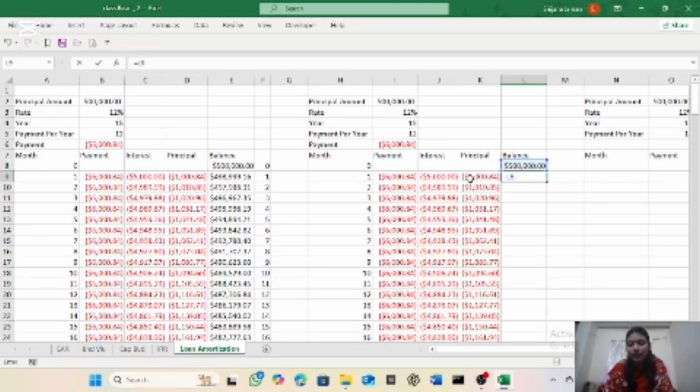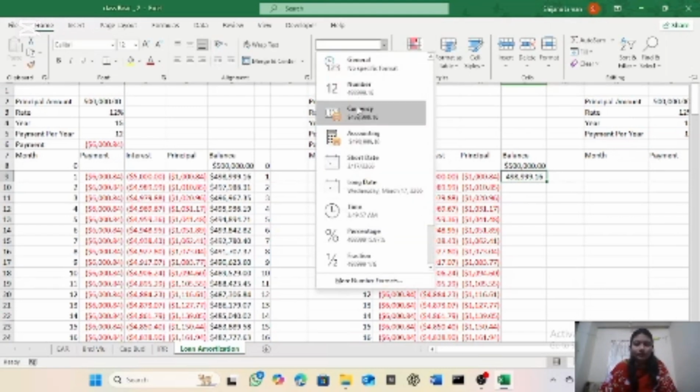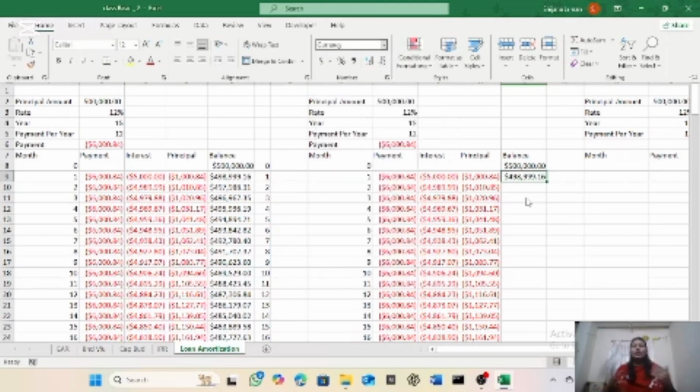We are looking at the first month's principal amount, which is a negative figure, so we have to add another minus, then this figure. Yeah, converted into currency. This is our ending balance of the first month, and it would be our beginning balance of the second month.